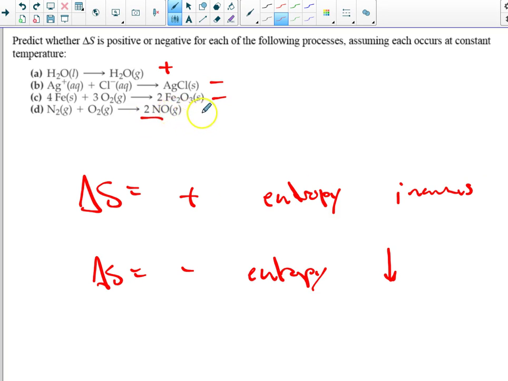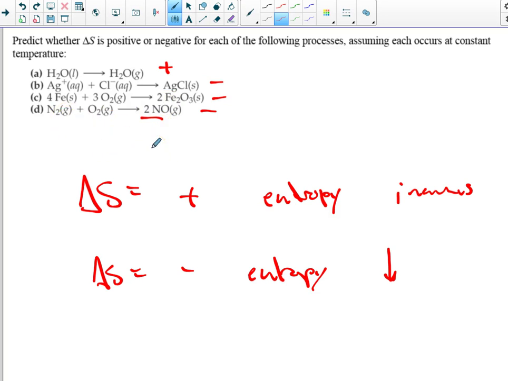Really, this is almost going to be 0. But if we decrease the amount of independent things and tie them together, it also decreases. Okay? This one, really, you could get away with saying no change because it is essentially not measurable. But there's slightly more order to this one than there was to that one.